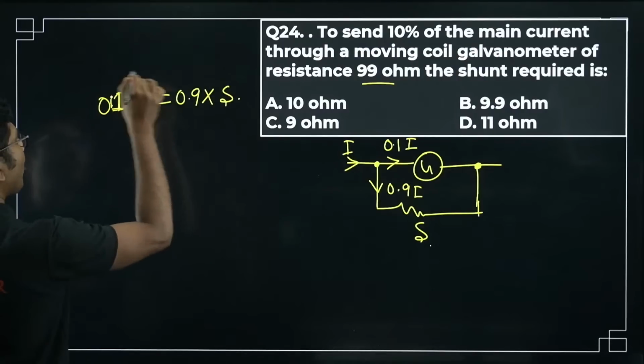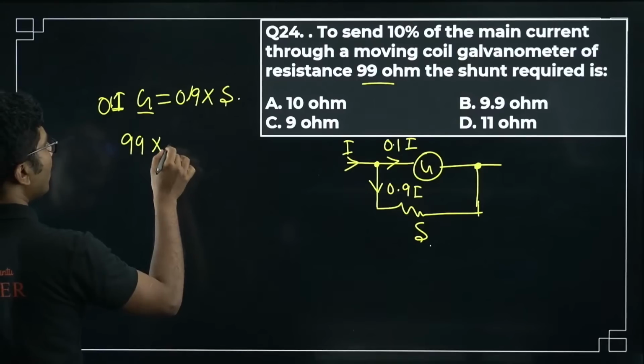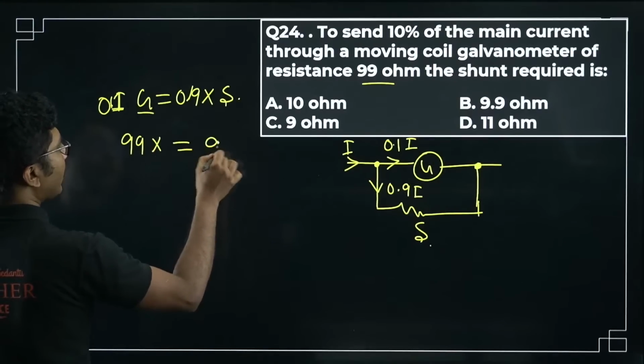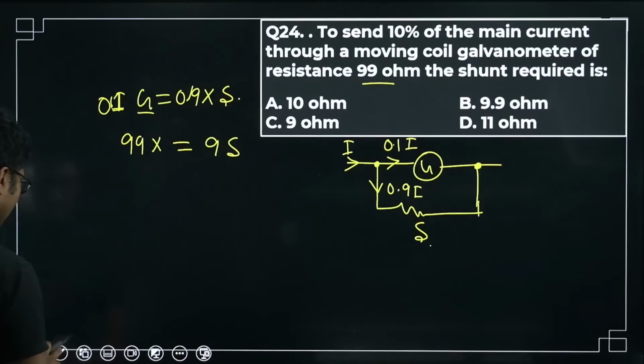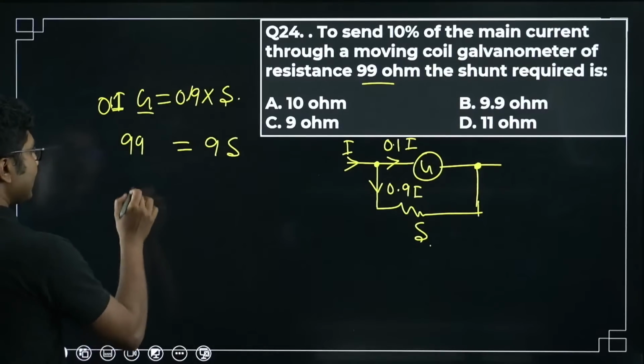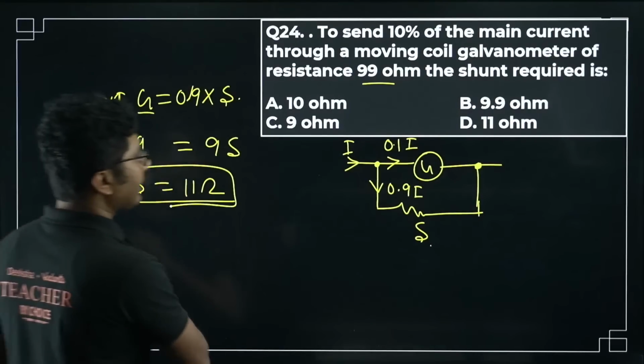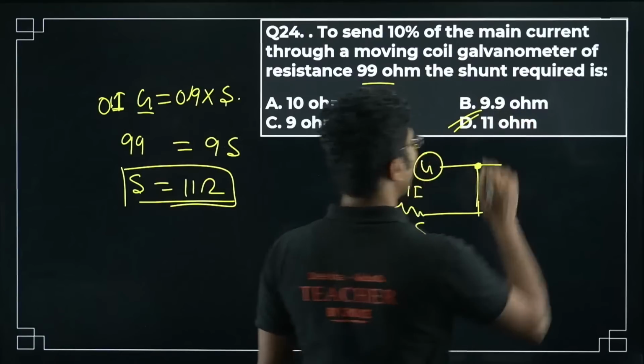So obviously the decimal cancels. So 99 equals 9S. So S is basically equal to 11 ohm. Okay, so you need to connect a resistance of 11 ohm.